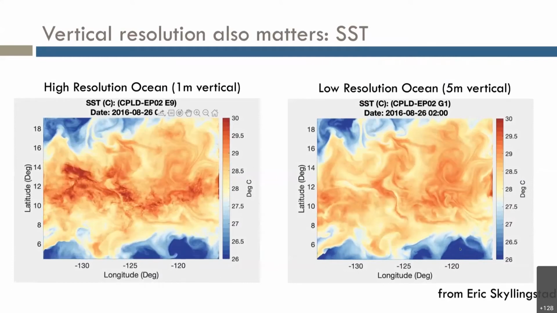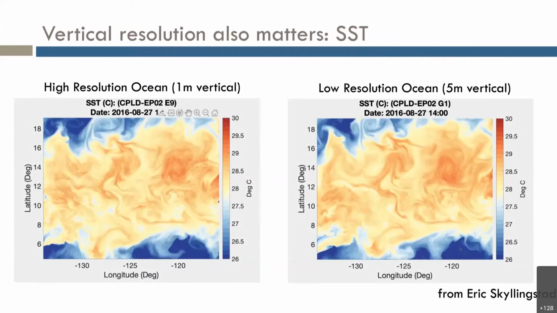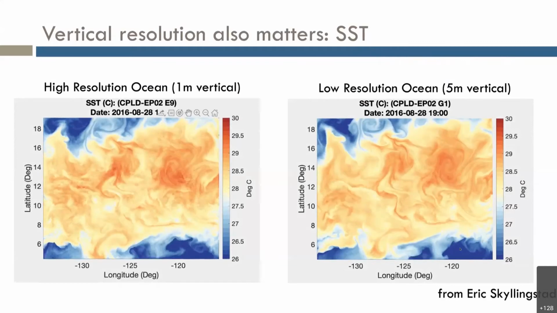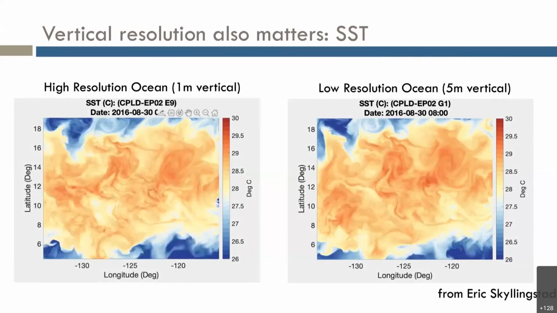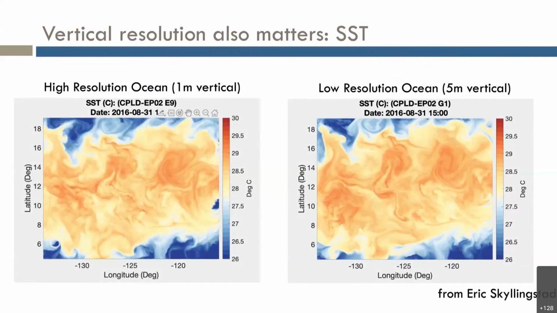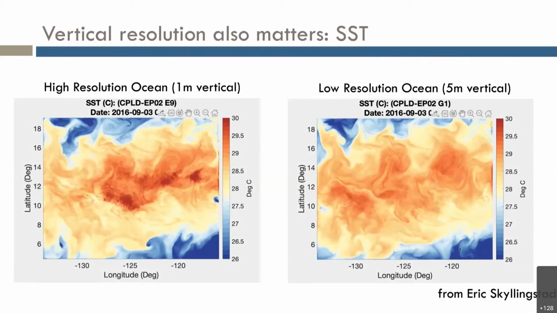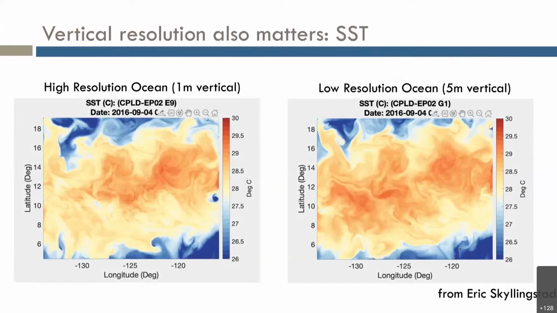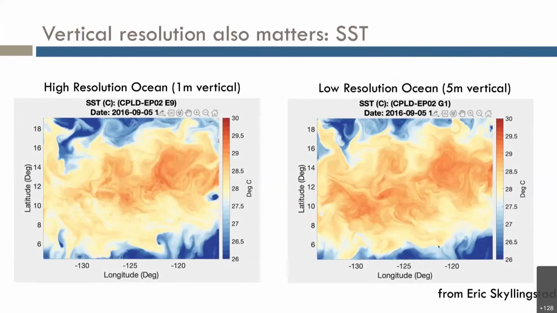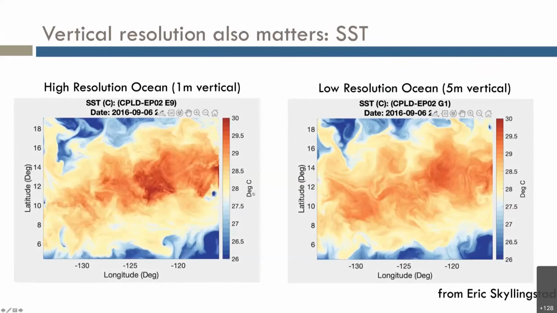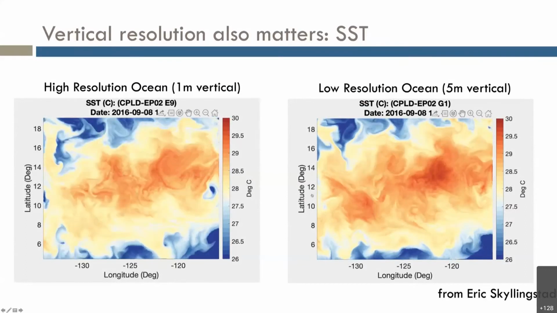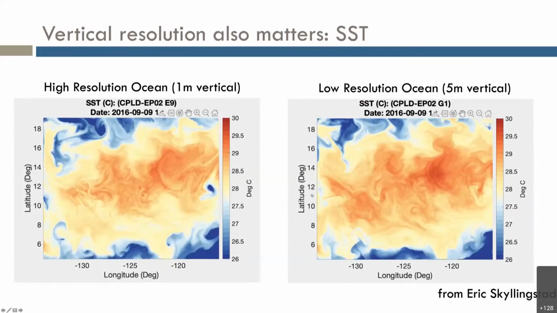So these are results from Eric Skyllingstad and a project we're doing for TPOS. Here he's running a coupled WRF-ROMS model, a triply nested WRF with the inner horizontal resolution at 4 kilometers. On the left is ROMS with a 1 meter vertical resolution, and on the right is ROMS with a 5 meter vertical resolution.